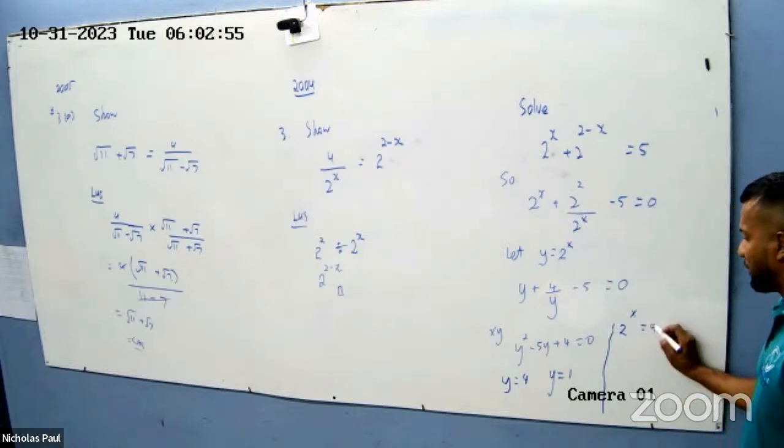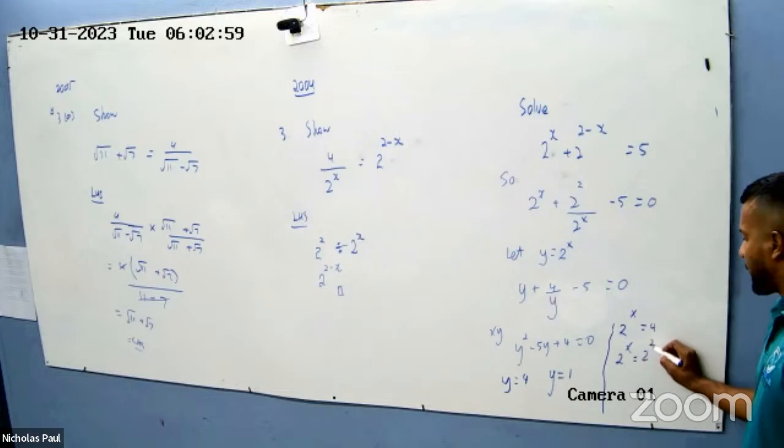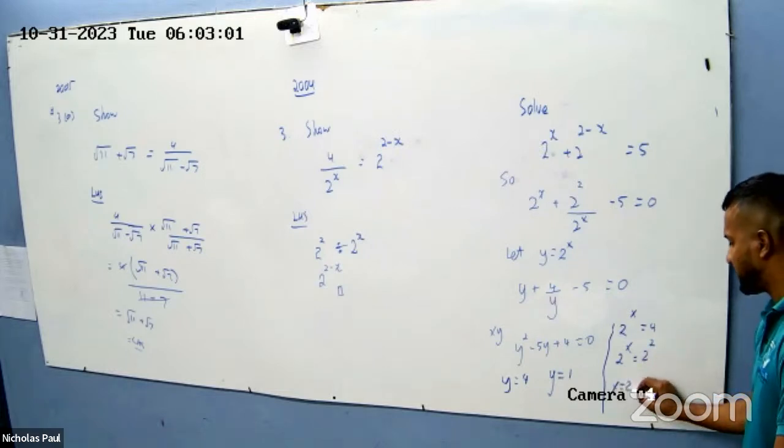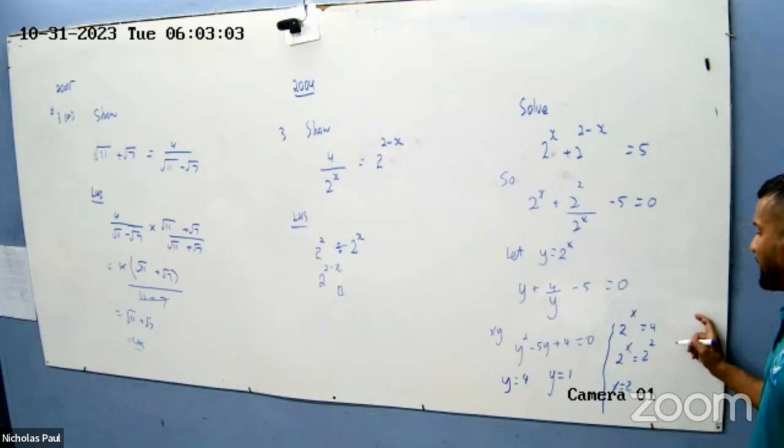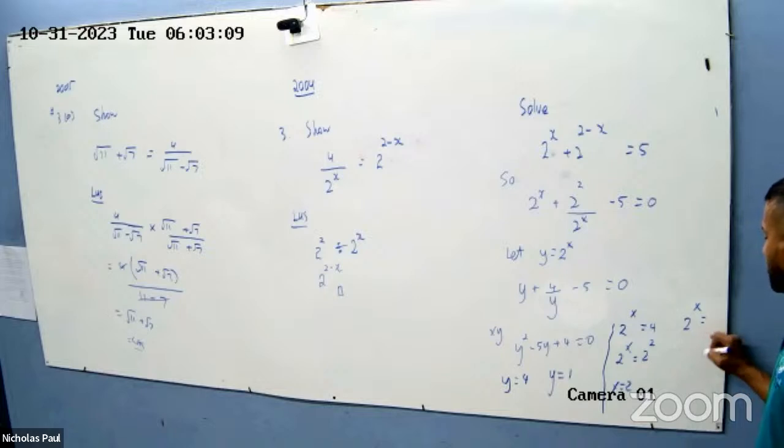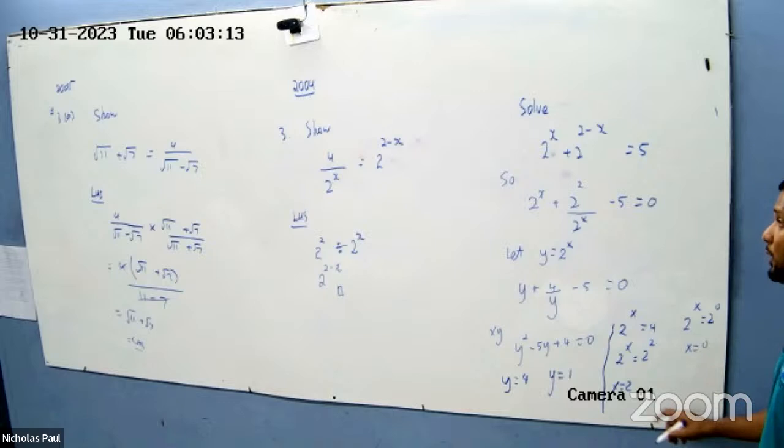So we can solve this here. 4 is really 2 squared, so x is 2. And then you do the next one. 2 to the x is 1. 1 means 2 to the power of 0. So your two answers are 0 and 2.